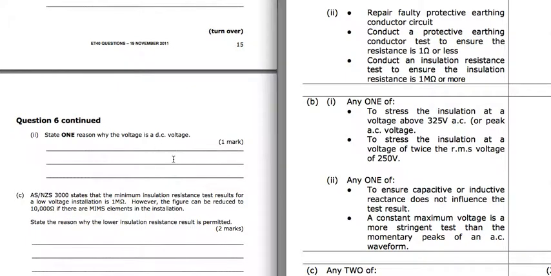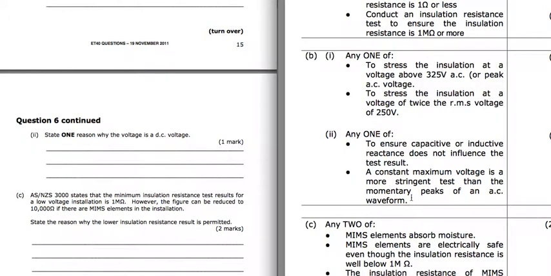Why is it DC? Well, I always thought it's DC, so it's a continuous voltage, so we're stressing it without just momentary peaks, as they say, of an AC waveform. We're keeping a constant voltage there, and if it passes that test at 500 volts DC, then we know it's going to be okay at 230 volts AC.